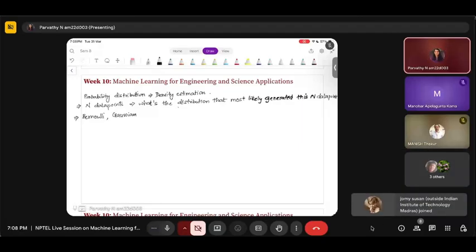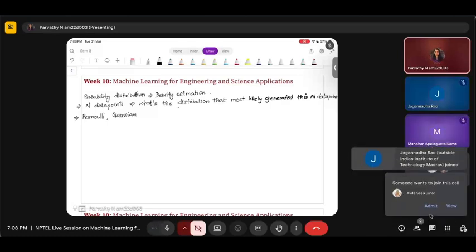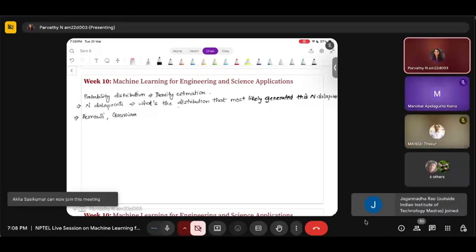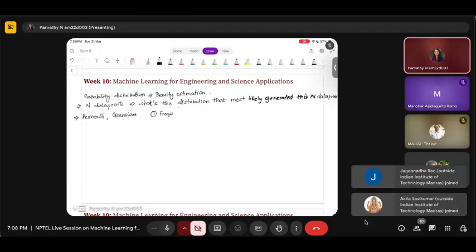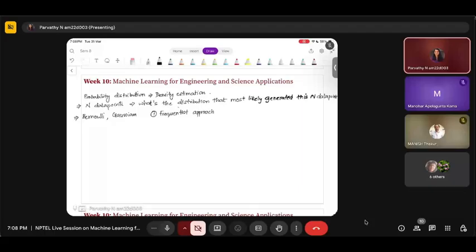Right? So the first way to find the distribution that most likely generated the data points is the frequentist approach, and the second one is the Bayesian approach.